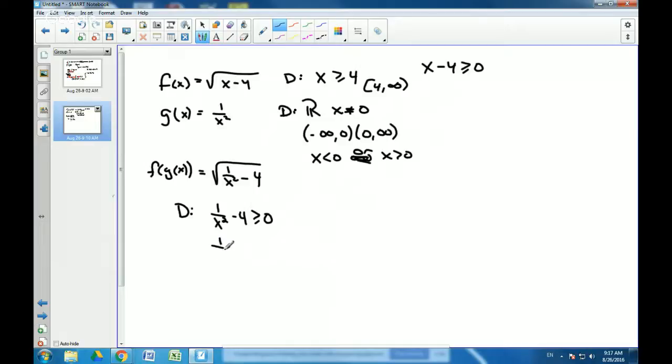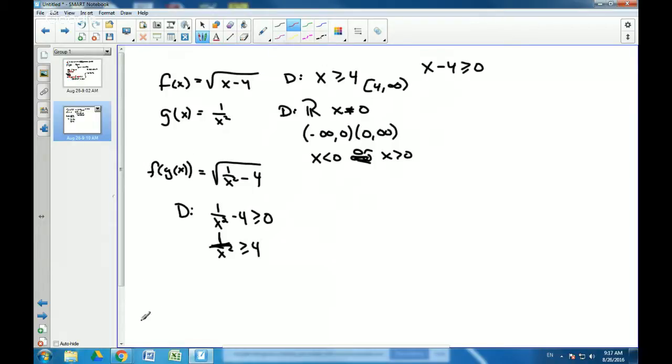So add 4. Because this inside needs to be greater than or equal to 0, you don't need to worry about the square root. Even if you did include it, it would disappear.